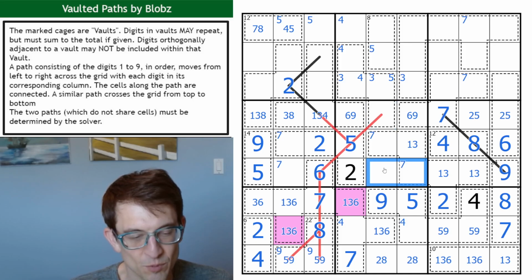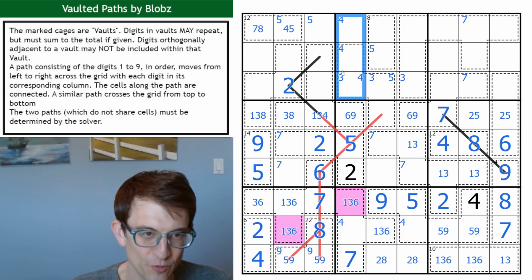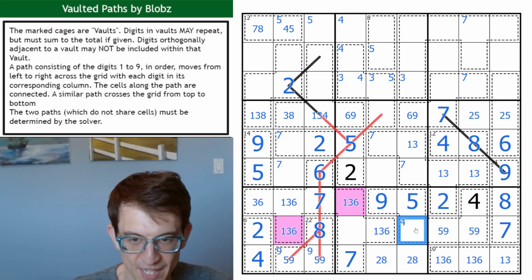If 4 is in one of those, that becomes a problem for here. So if that's 4, then that 4 is there and there. Oh, wait. 4 is here by the black line. So that's not 4. That's 4.